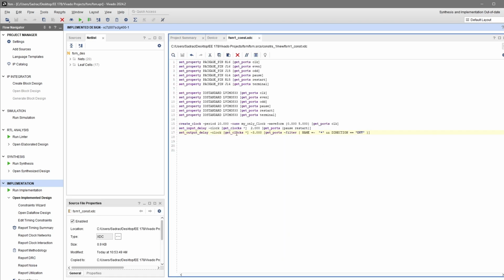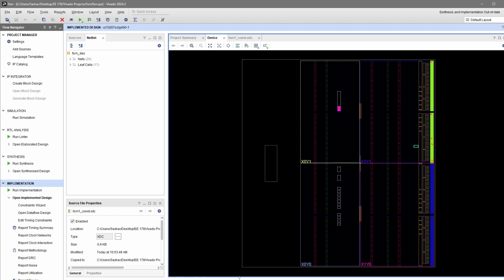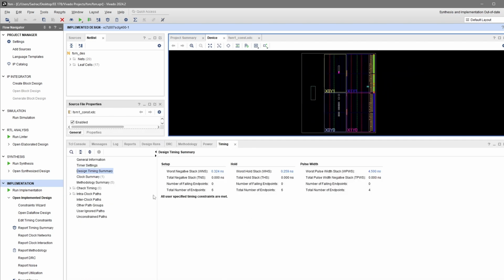By using an input delay of 2 nanoseconds and an output delay of negative 3 nanoseconds, and by rerunning the implementation and also the synthesis, we would notice that we get a positive value for our WNS, which is what we want. As we would see here, we're not getting any more errors.